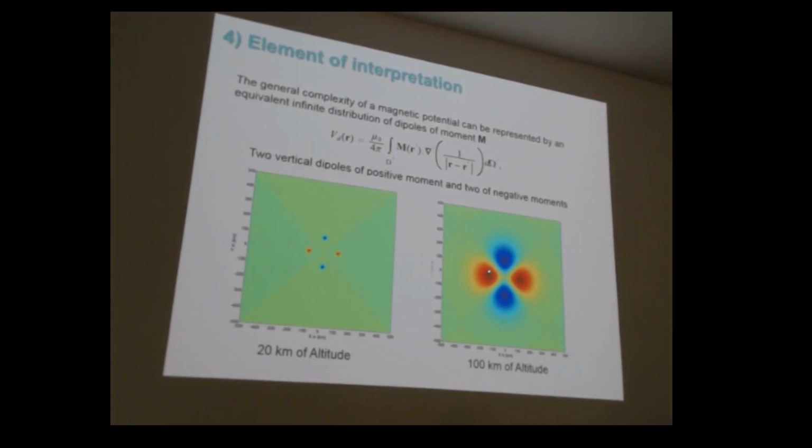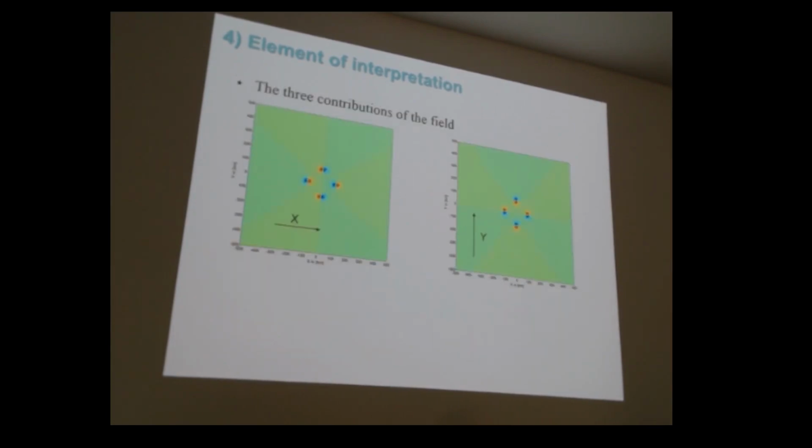Here it's no more true, because this one is acting on this one, so it's pushing outside or inside. So the maximum is not necessarily located over the place of the anomaly. You play with the 3 contributions of the field and see that there is a cross here, occurring to merge X and Y. And if you take the Z component, and play around with those components, now you can delineate the right position of the anomalies.